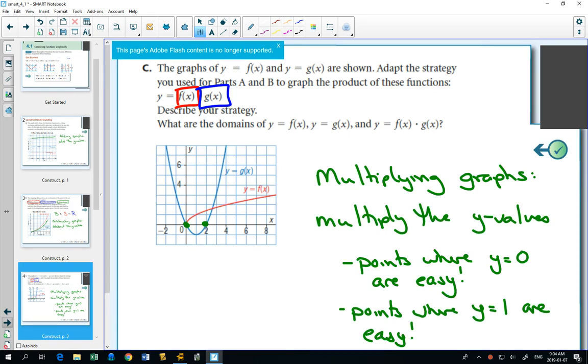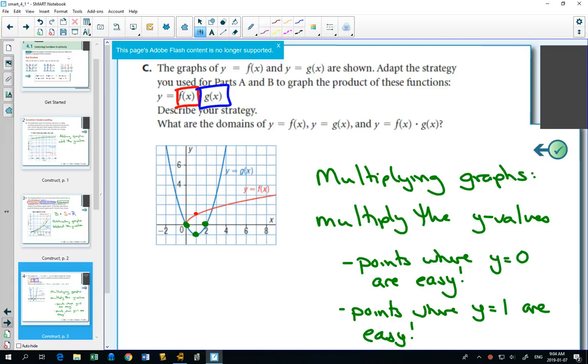Can you see that the y value is 1 right there on my red graph? 1 times anything is itself. So my green graph, here in this case it's going to be 1 times a negative 1. Well, my green graph has to be exactly at negative 1.